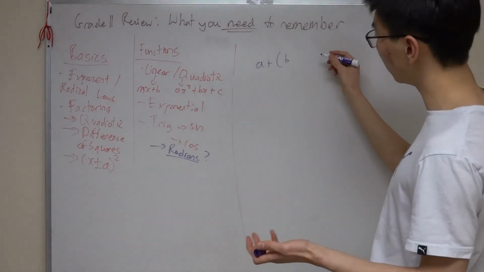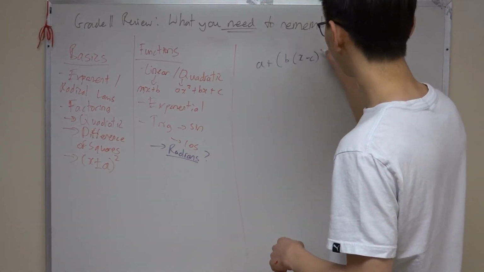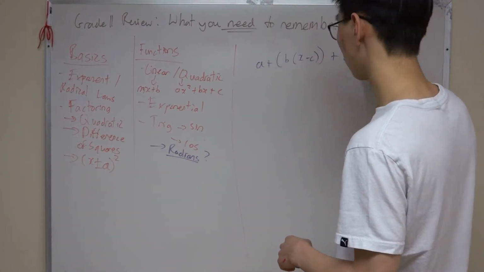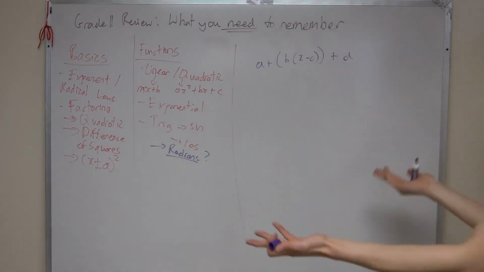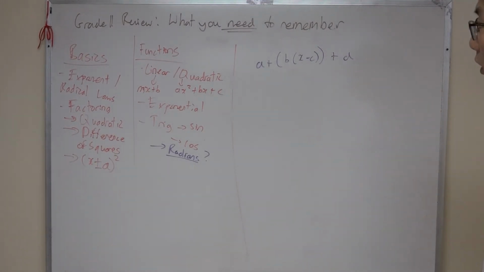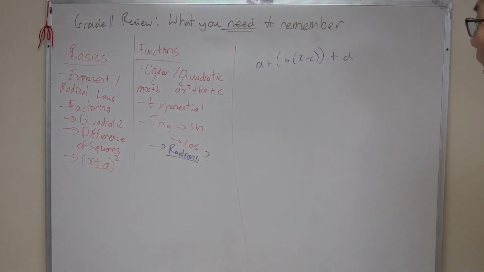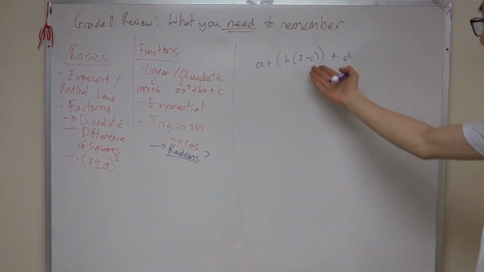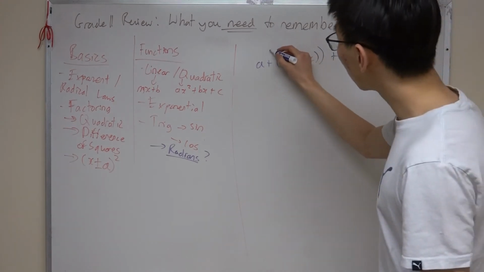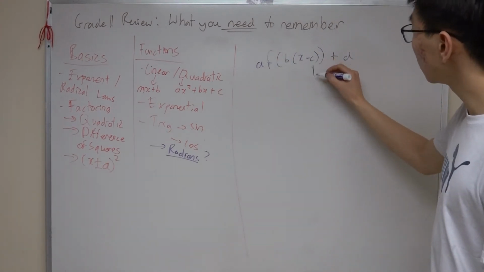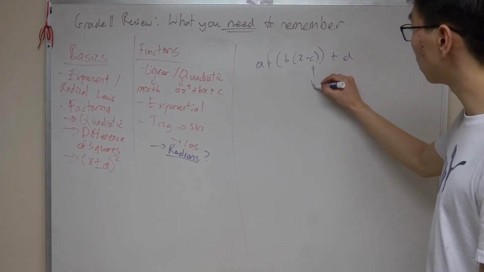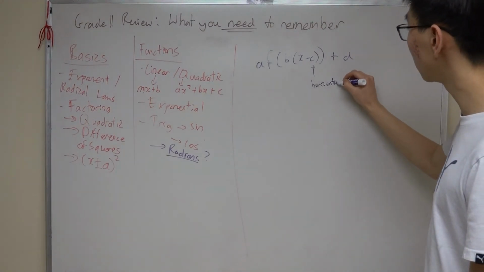Sometimes it's 1 over b, but I just put b. You've probably seen this. And you may have known, using the quadratic or the exponential, or maybe even the trig versions of this thing, that this thing causes horizontal movement.